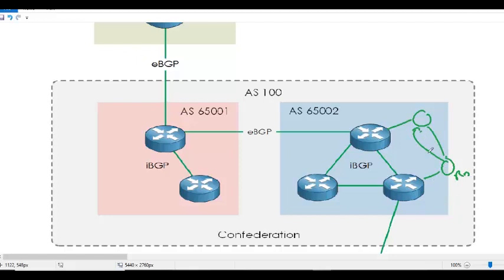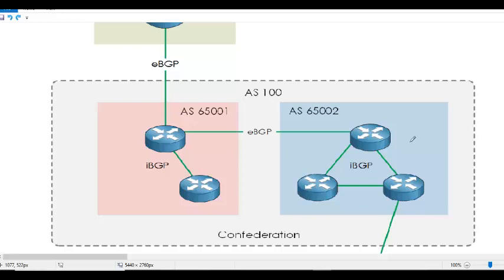Then you need to put another RR here and make this a client. Now, why are we not using confederation in today's production? Because it is not necessary, not needed.